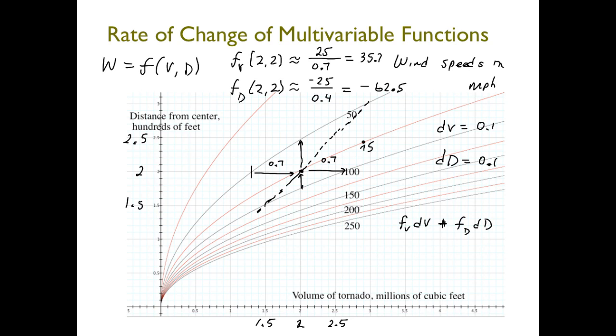So what I'm interested in now is I want to get the rate of change. Would you agree that there's some rate of change of wind speed along this? If I increase dV and dd by equal amounts, there's some rate of change of wind speed that has that combination of changes of v and d. Do you see that?